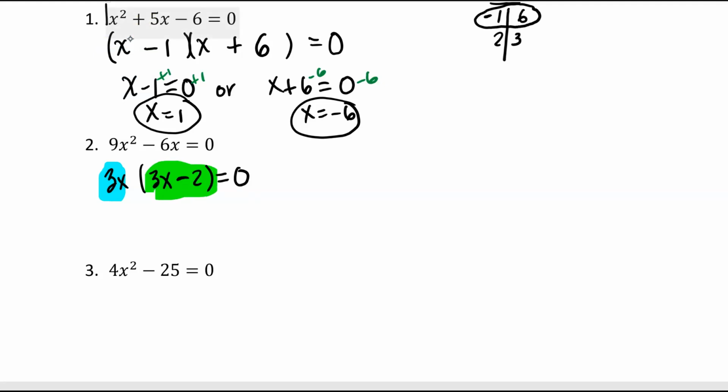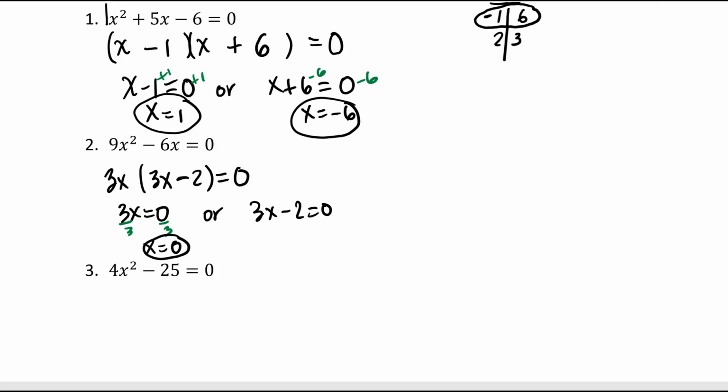We're going to set each of these to 0. So 3x equals 0, or 3x minus 2 equals 0. On the left side, we're going to divide by 3 to get rid of that 3. And so one of our solutions is x equals 0. And on the right side, we're going to add 2 first. We're going to get 3x equals 2.